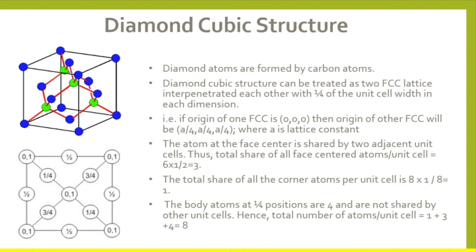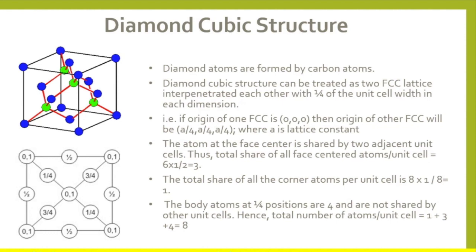So if you have two FCC lattices and one FCC is shifted by a/4 along the body diagonal of the cube, then it will form the diamond cubic structure, where a is the lattice constant.